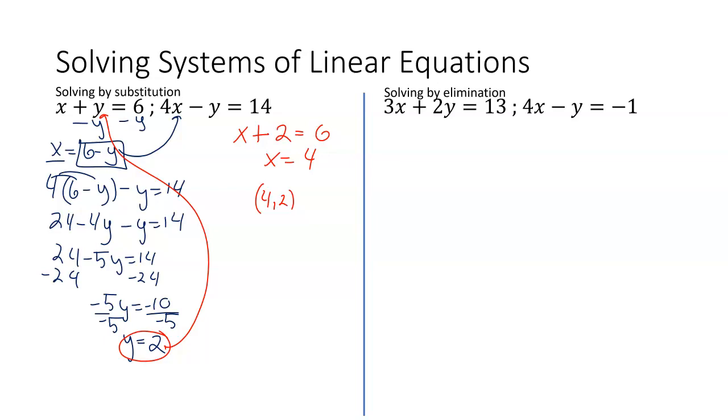Sometimes the SAT will do something a little cheeky, especially if it's on the student supplied response part at the end where you have to write it in bubbles. You can't write an ordered pair in that section, but they can say, here's a system of equations.